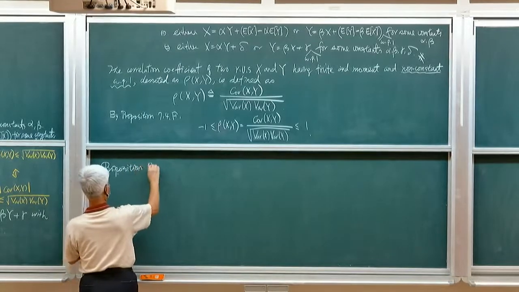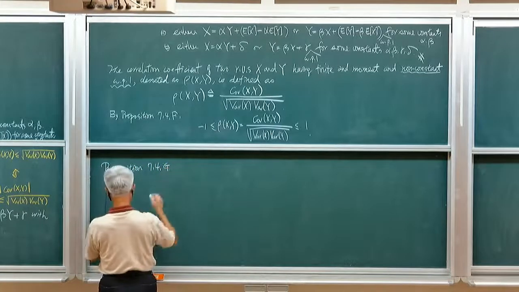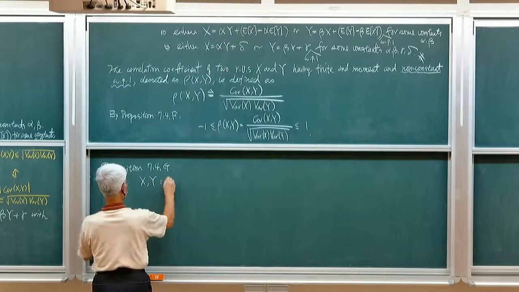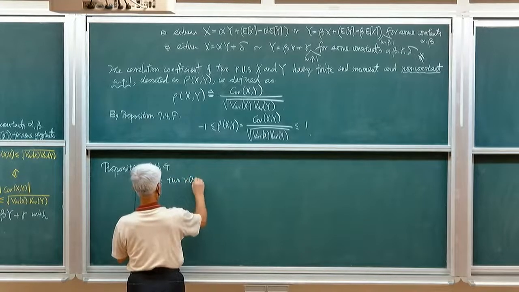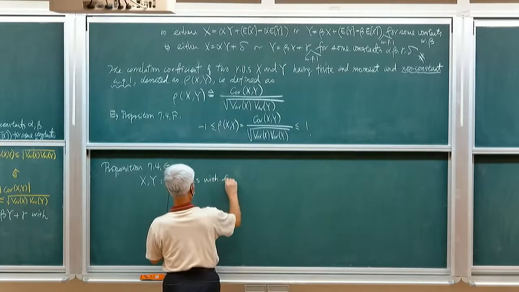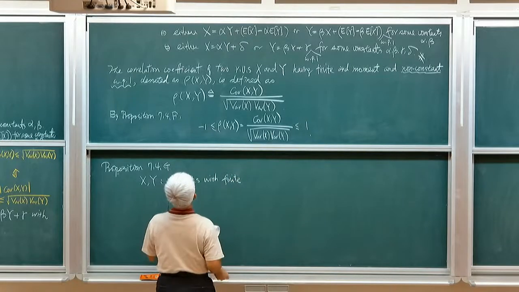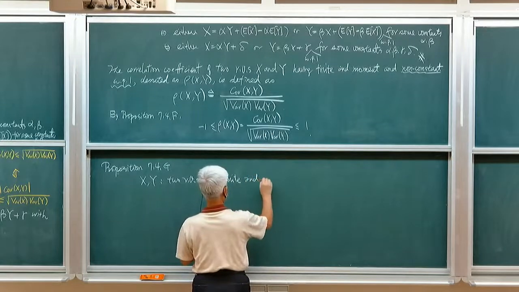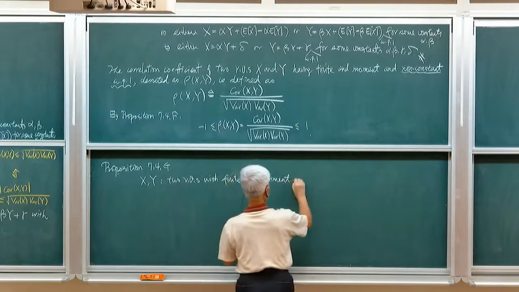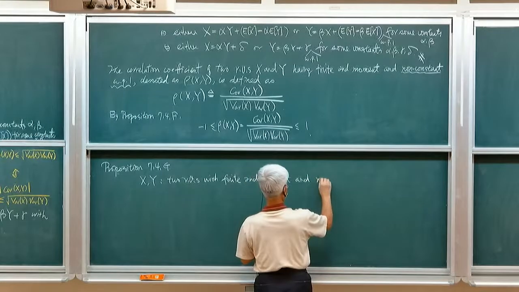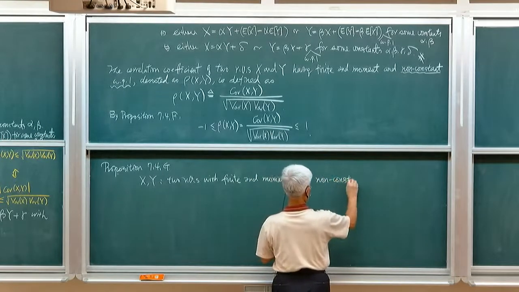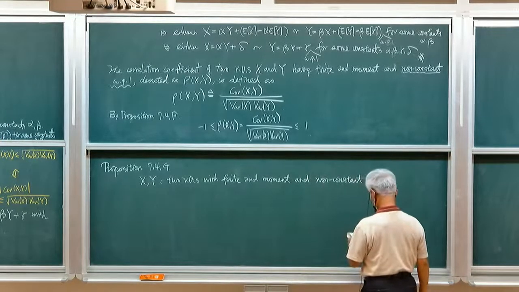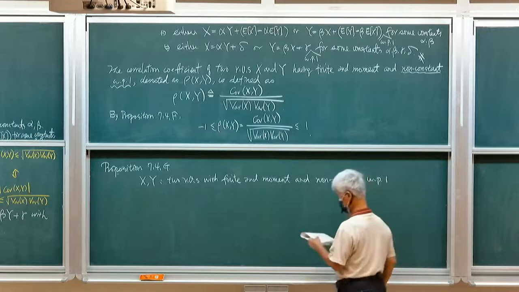So, Proposition 7.4. It says, X and Y, again two random variables with finite second moment and non-constant with probability 1. Okay? So suppose that is the case.